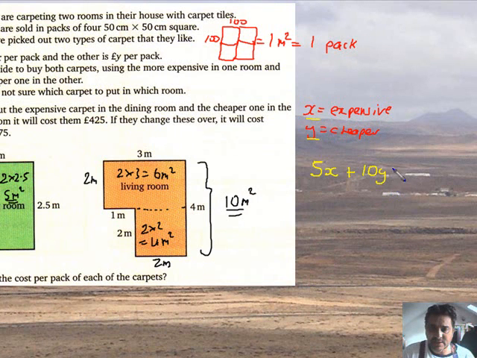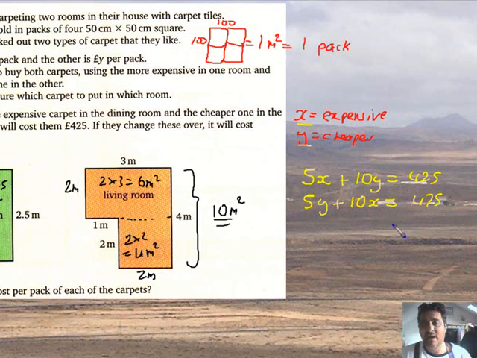It's going to cost them £425. If they do it the other way round, in other words, 5 of the cheaper plus 10 of the expensive, naturally it's going to work out more expensive because I've got 10 lots of the more expensive one, and that will come to £475. Now here is a lovely pair of simultaneous equations.